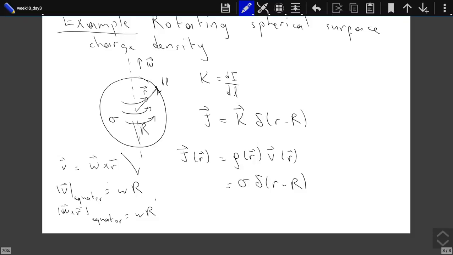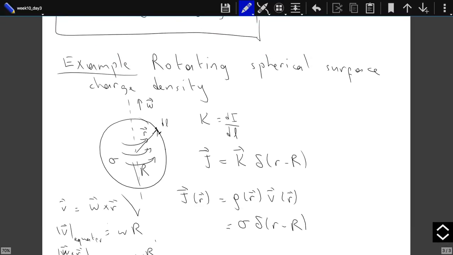Let's look at the directions also. Do the directions match? Now at this point, the velocity is into the screen. Well, omega is upward. If you just take the cross product, it's into the screen. So the magnitudes match, the directions match, and hence the answer is correct.